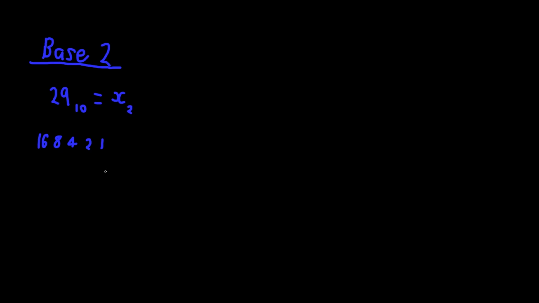Okay, so I'm not trying to cause any arguments here, but these are the place values for each column. So the digits go here, obviously, and we want to find out what 29 is in base 2. So what we can do is divide 29, our number, by the base. So 29 over 2.